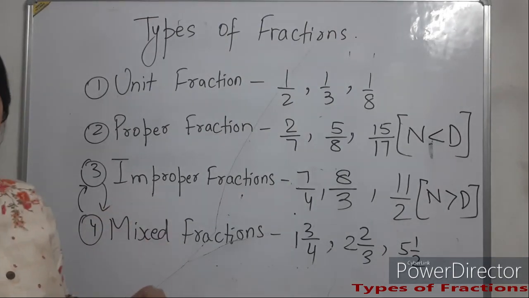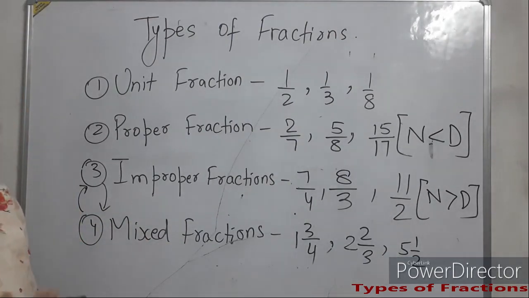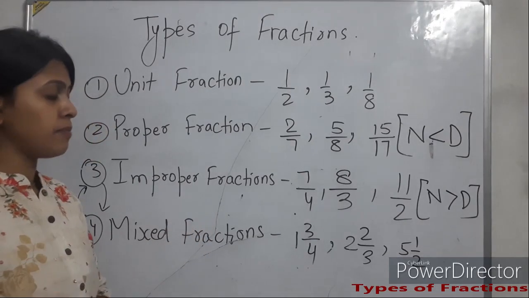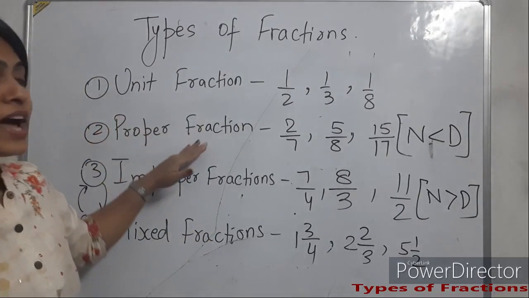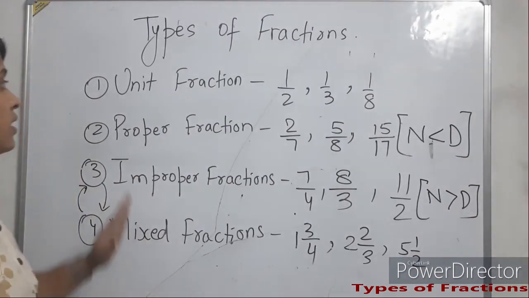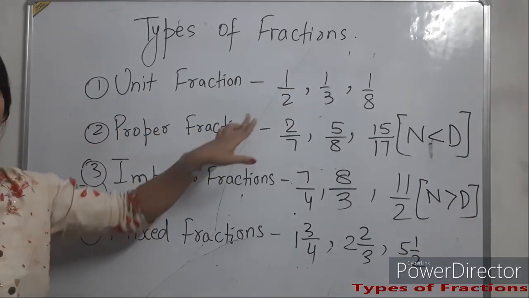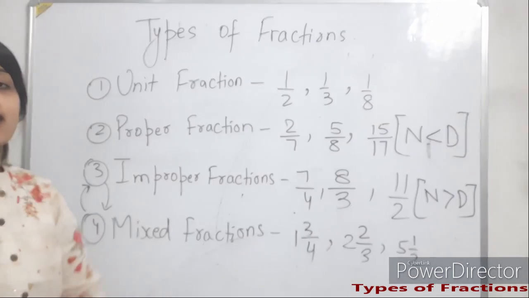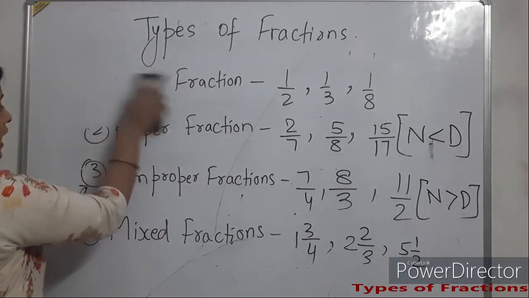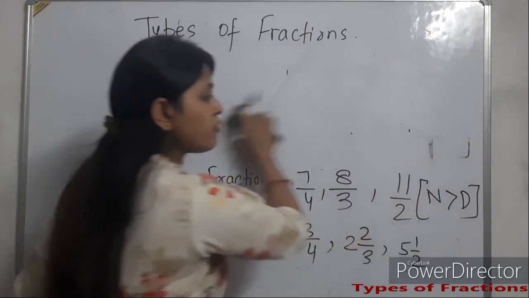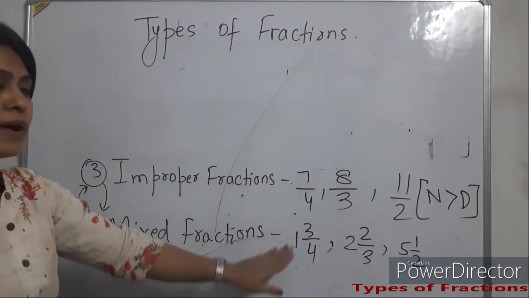So see how we do the conversion of improper into mixed and mixed into improper. These two fractions are clear to you all: unit fraction having the numerator 1 and proper fraction having the numerator less than the denominator.